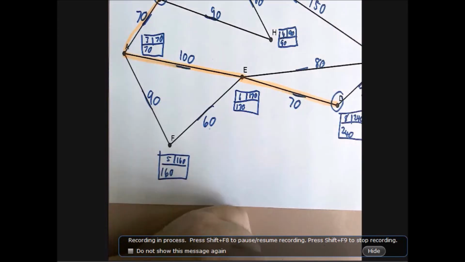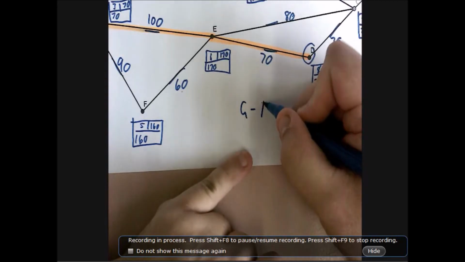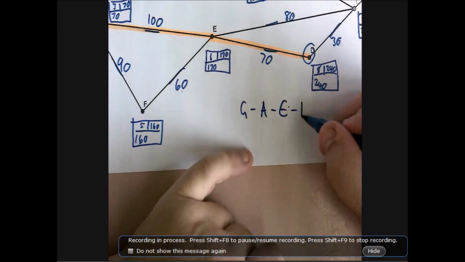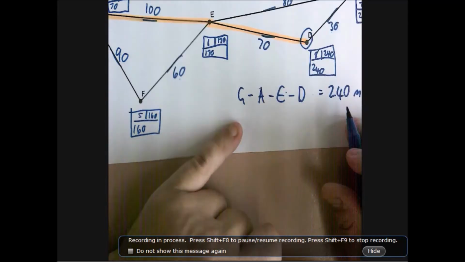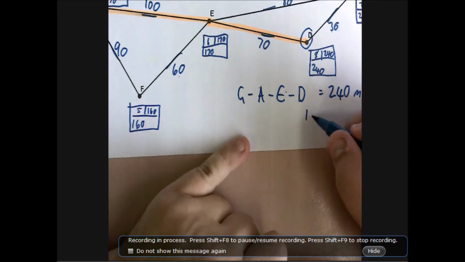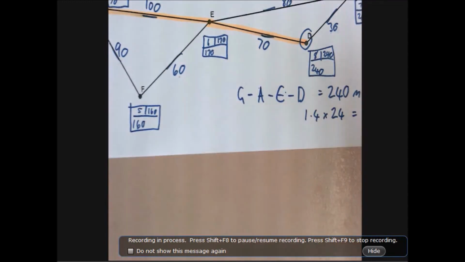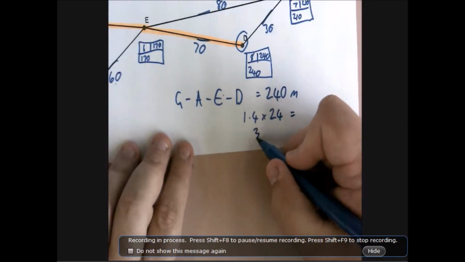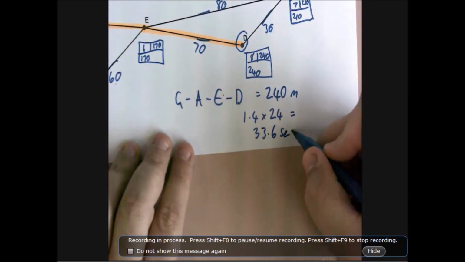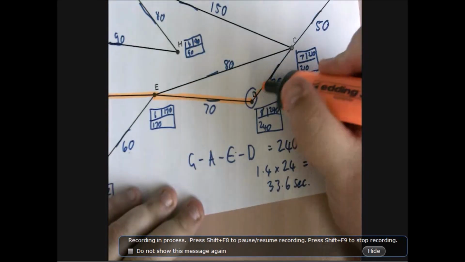So one possible answer, G to A to E to D, 240 meters. At 1.4 seconds for every 10 meters, that will be 33.6 seconds. Could also have gone this path.